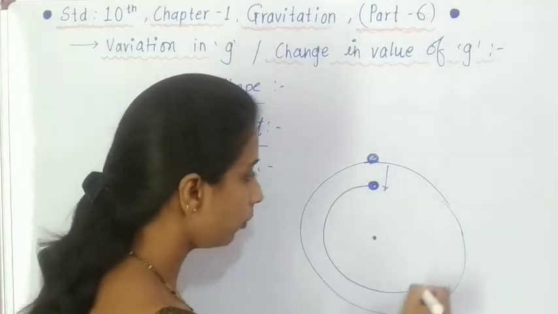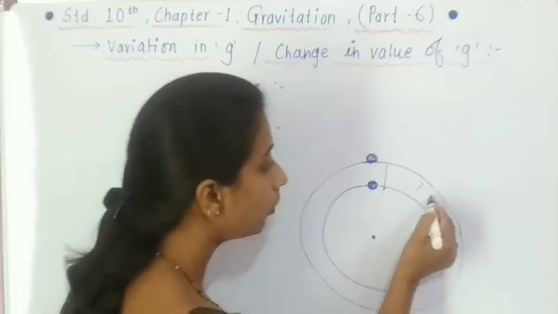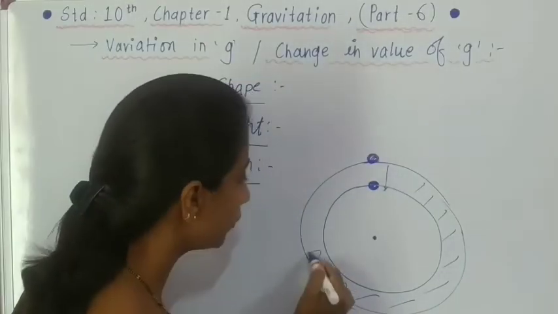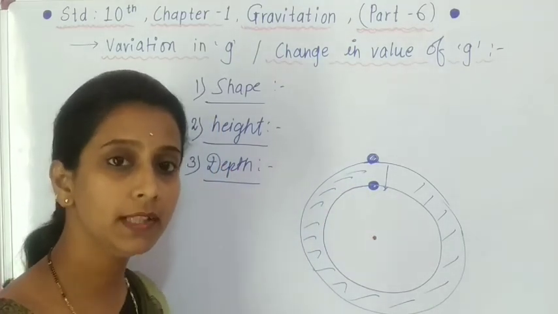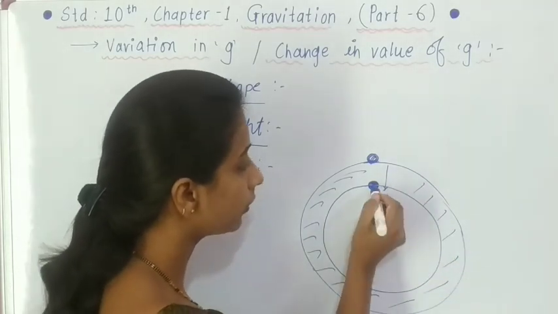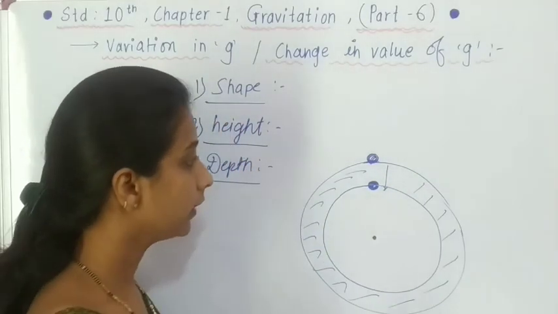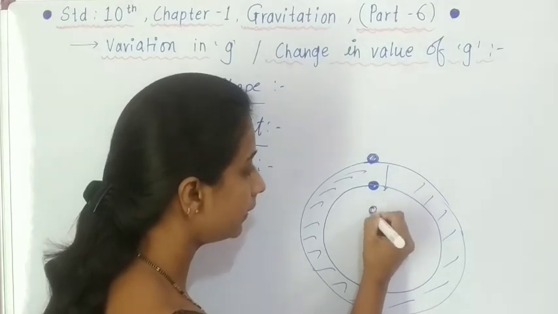The mass of earth for this person is reduced. So the earth is becoming less. The earth becomes less, meaning the mass is reduced, for this person. Okay. Now students, suppose after some time that person comes to this point.